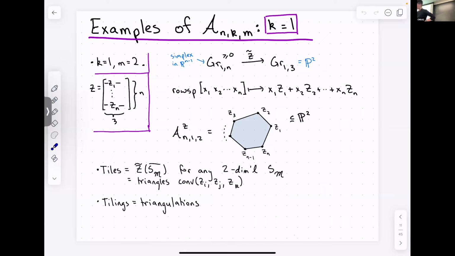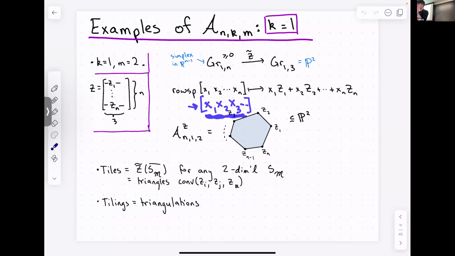Two-dimensional cells in the domain: I get those by picking exactly 3 coordinates, say x1, x2, x3, of this vector to be non-zero. I'm looking at subspaces spanned by vectors like this, where all the other coordinates are 0.